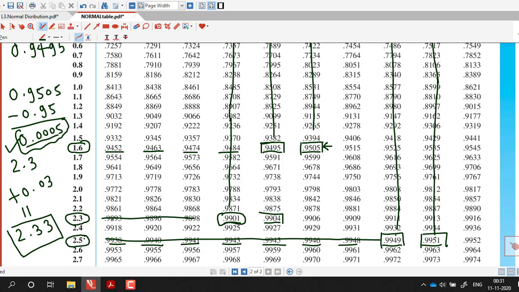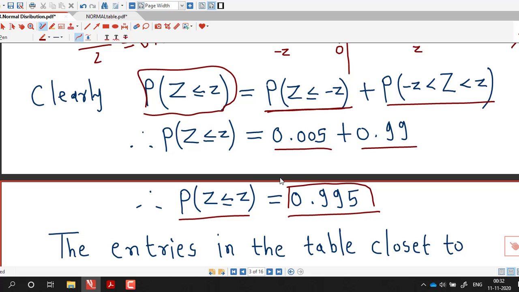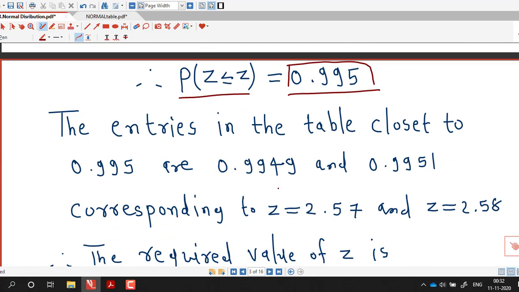So these two entries in the table correspond to z equal to 2.57 and 2.58. So we will take the average of those two values.